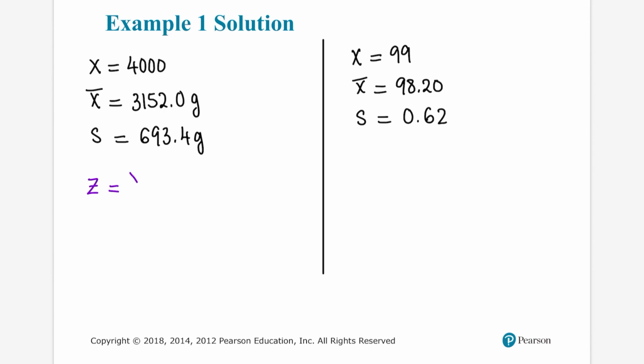Z equals x minus x bar over s. So my x is 4,000, my x bar is 3,152.0, over my s is 693.4.